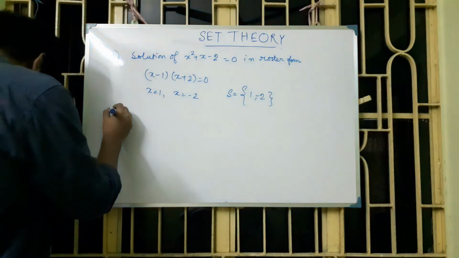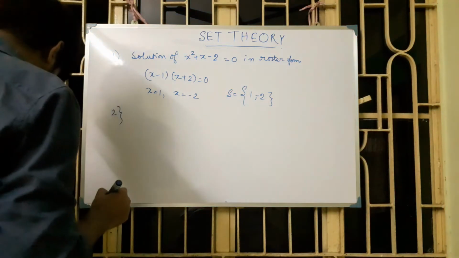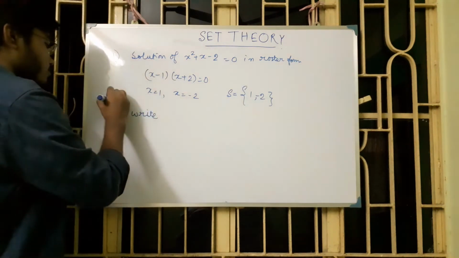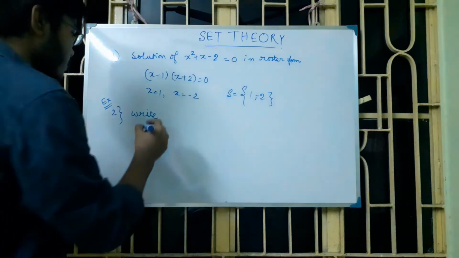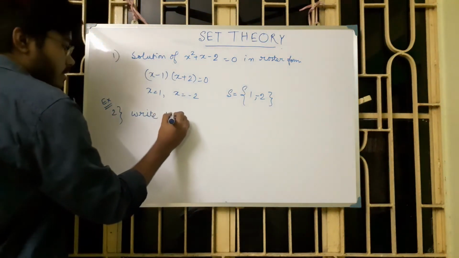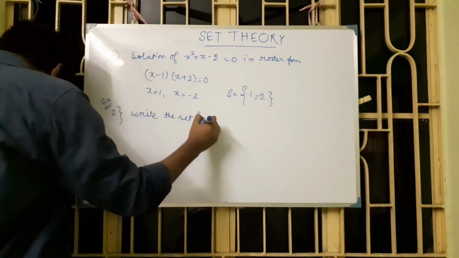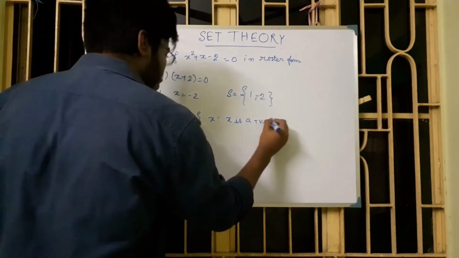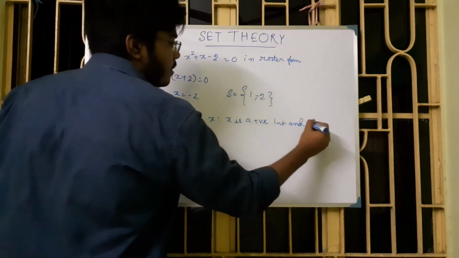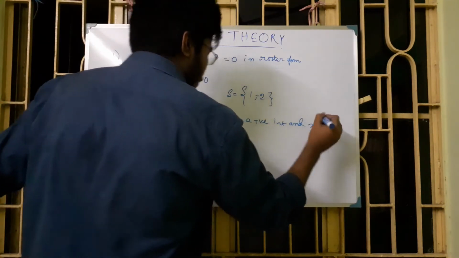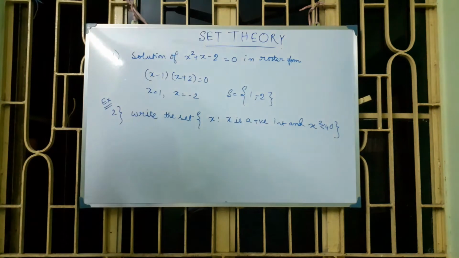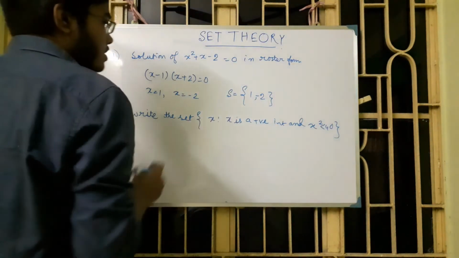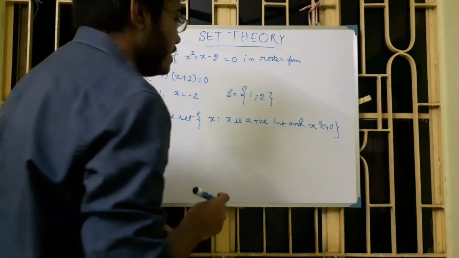Now the second one, example 2. Write the set {x : x is a positive integer and x square is less than 40} in roster form. They have asked for a set in which x is a positive integer and x square is less than 40.